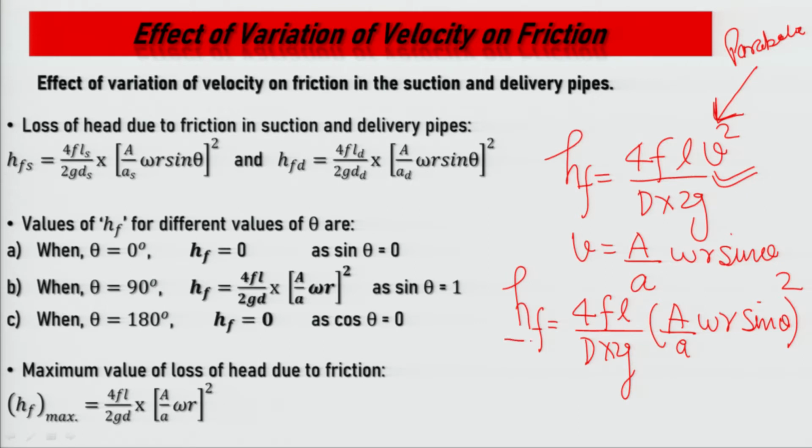If fluid is flowing in a pipe, the major loss is calculated by the Darcy-Weisbach equation, where f is the coefficient of friction and L is the length.